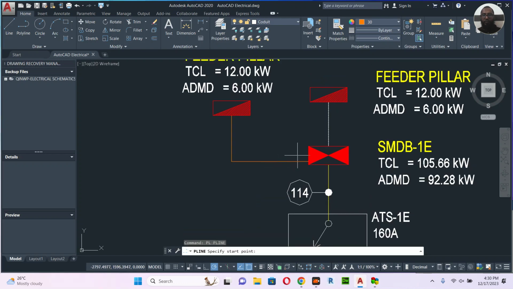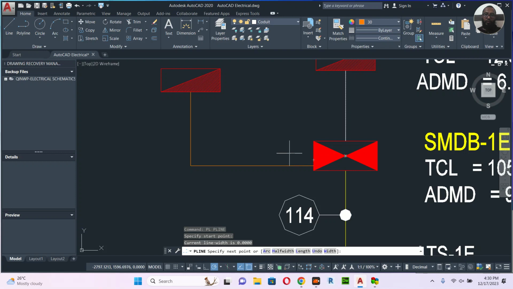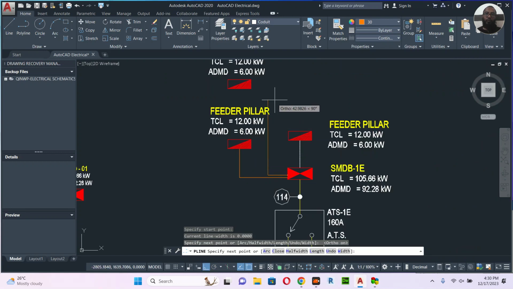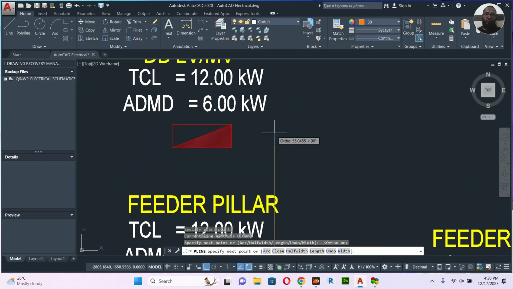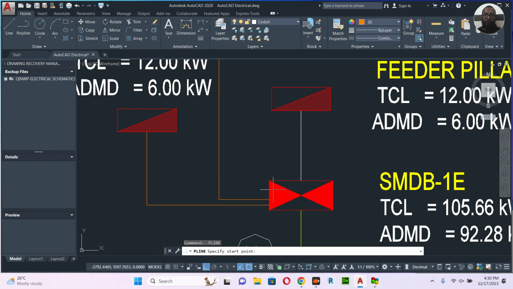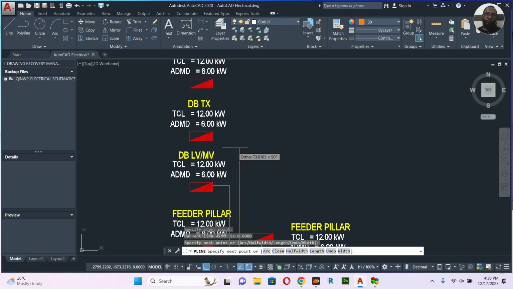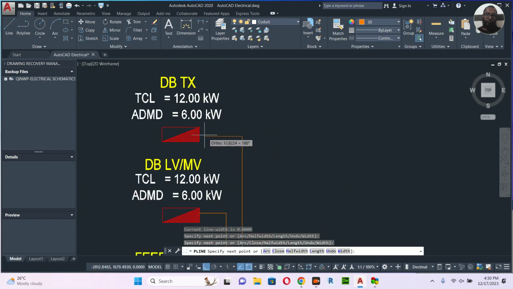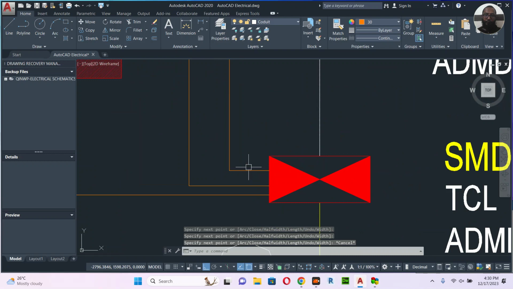For me, I am thinking to use it like this. So let's connect this guy here. One, another one, another one.